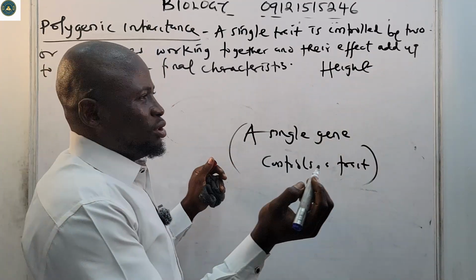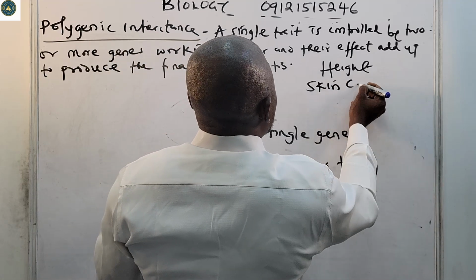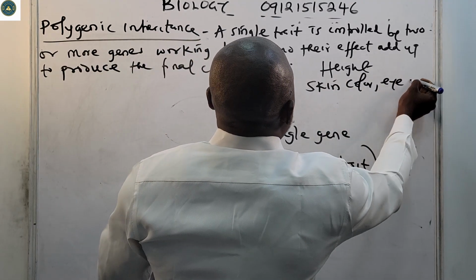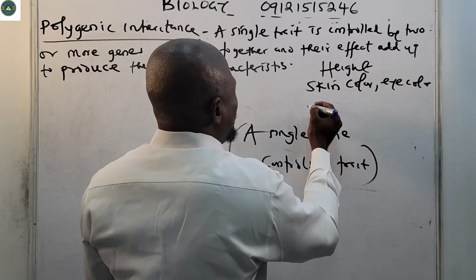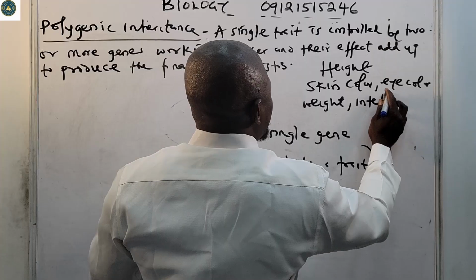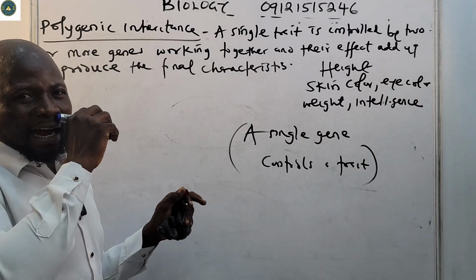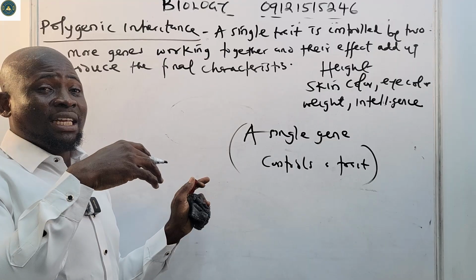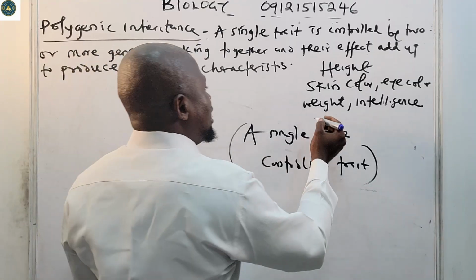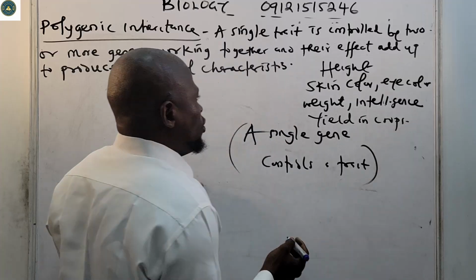Eye color, skin color, weight, intelligence, all of these are examples of polygenic inheritance. Even yield in crops is another example.